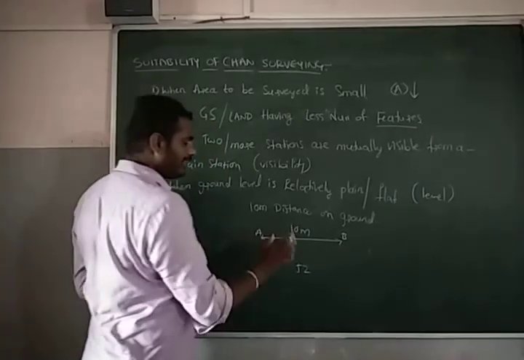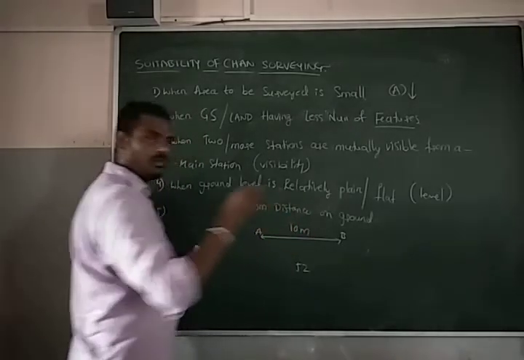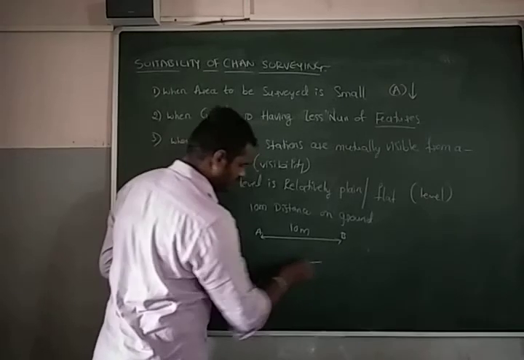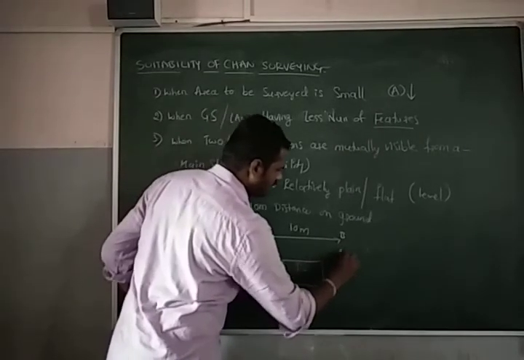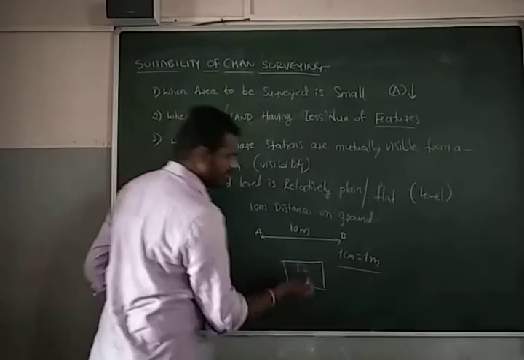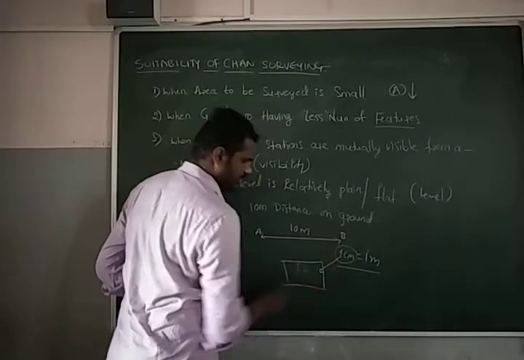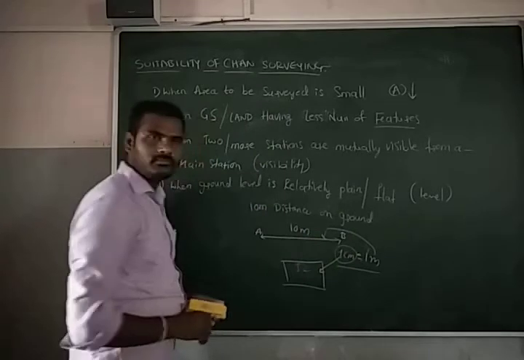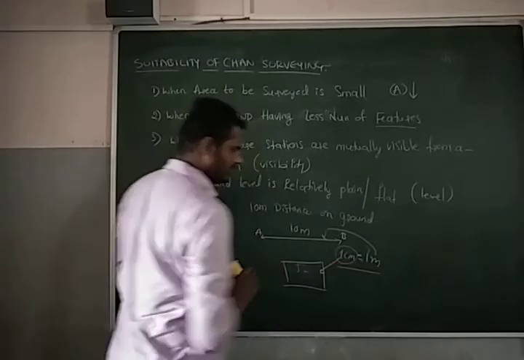So what we have to do is reduce this size by a scale to draw on the drawing sheet. If I take 1 centimeter is equal to 1 meter as my scale, let us consider 1 centimeter on the drawing sheet is equal to 1 meter on the ground, or 1 meter on the ground is equal to 1 centimeter on the sheet.